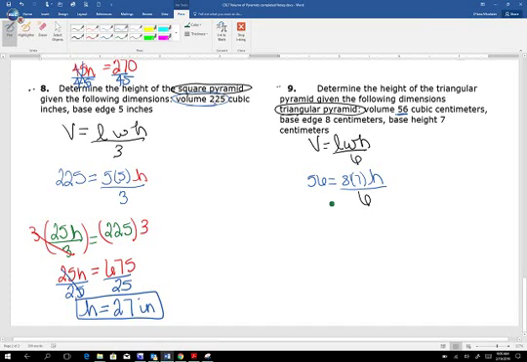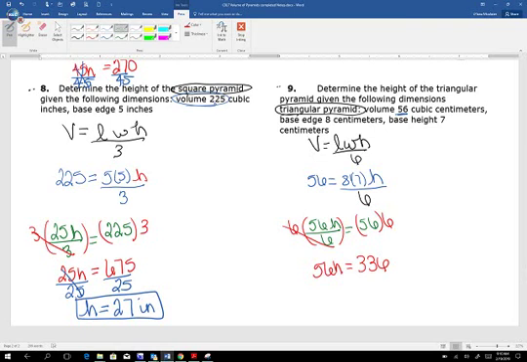So now, again, I like to rewrite them. So I have 8 times 7 is 56, so I have 56 times the height divided by 6 equals 56. I know that I need to multiply each side of my equation by the 6. That leaves me with 56 times h equals 336.